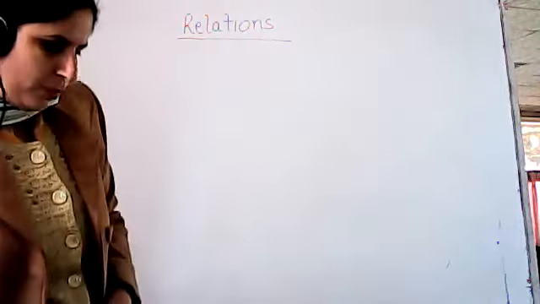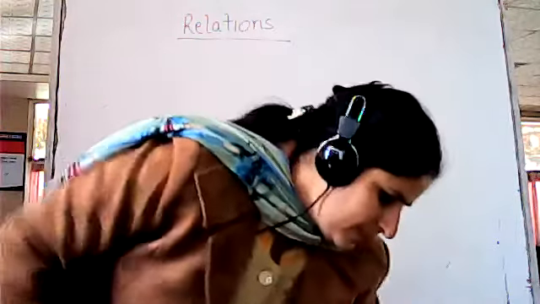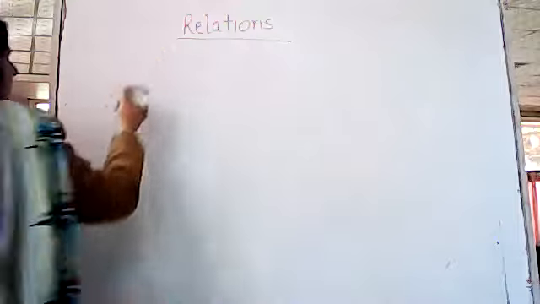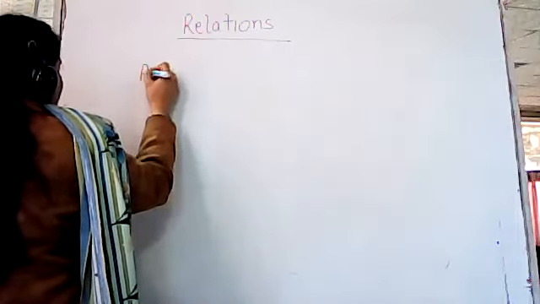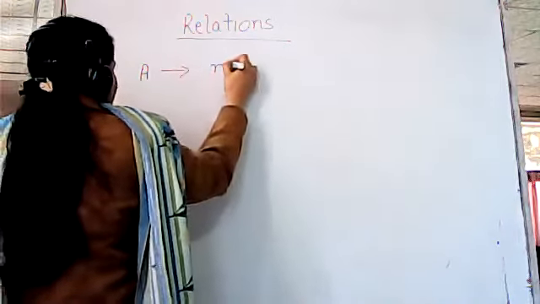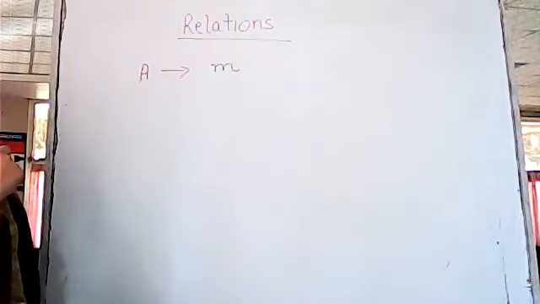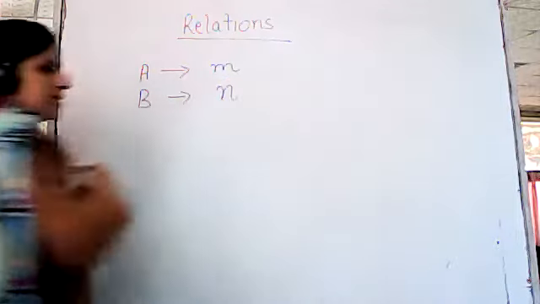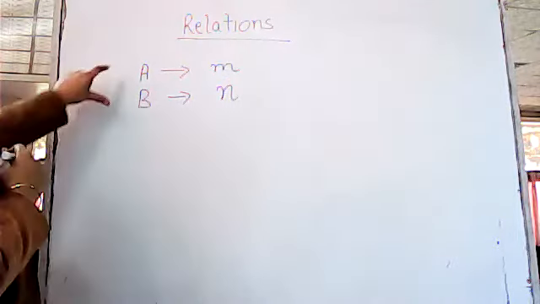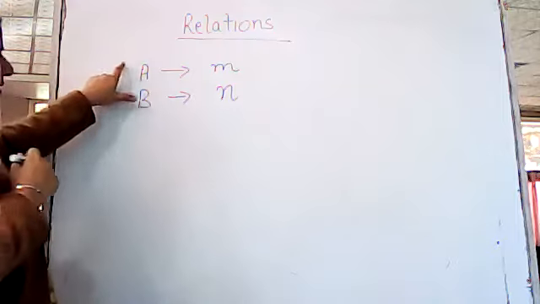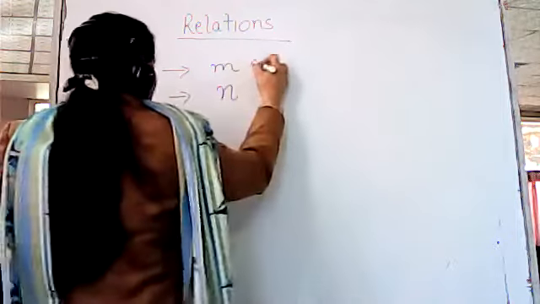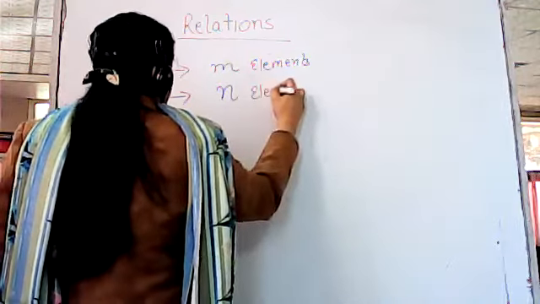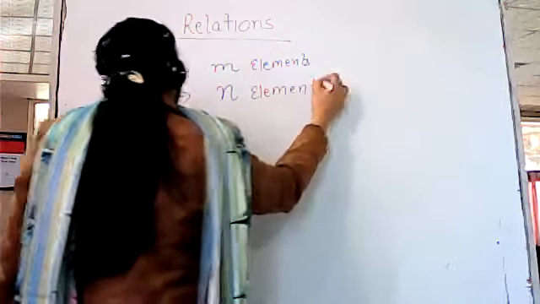So the next important point is, now suppose I have taken a set A and it consists of total m elements. Again, the second set is B. It consists of n elements. First set has m number of elements and second set has n number of elements.